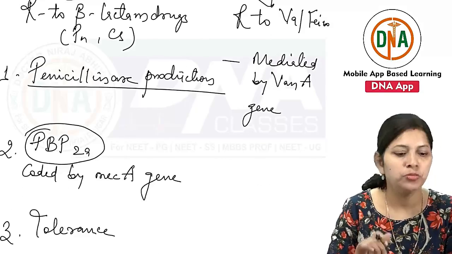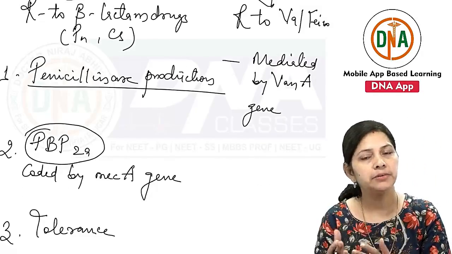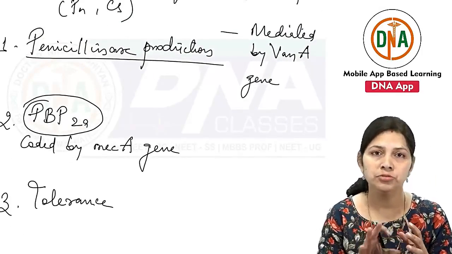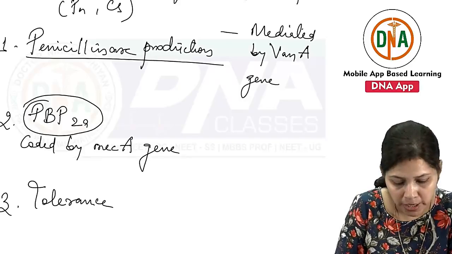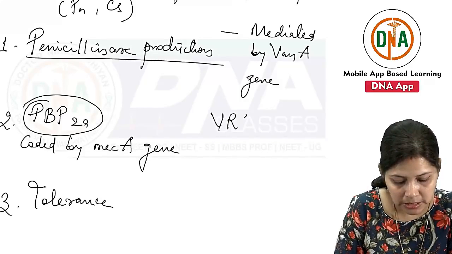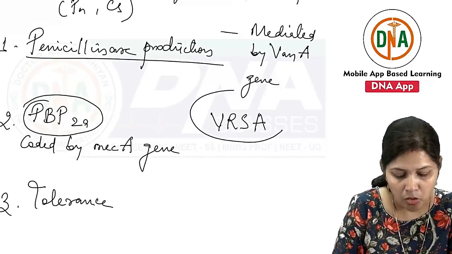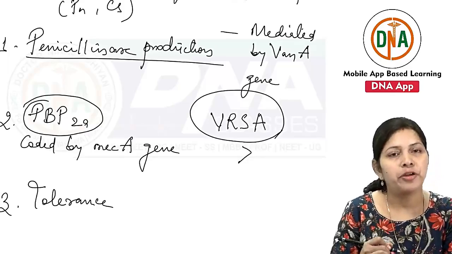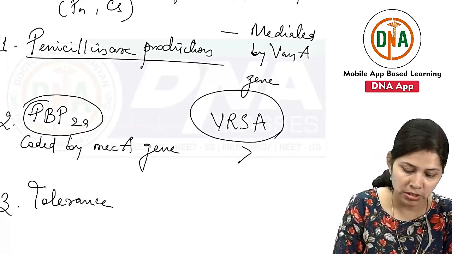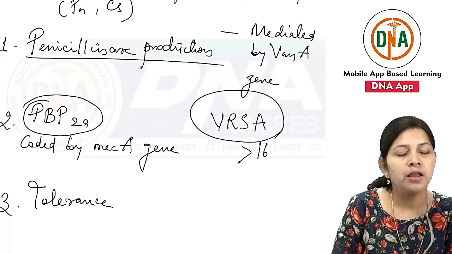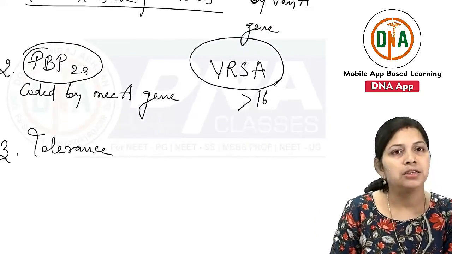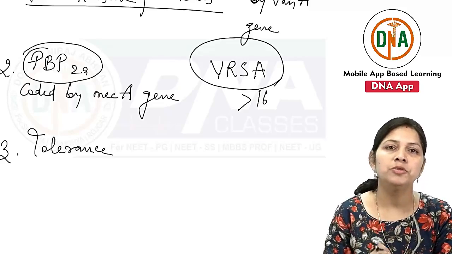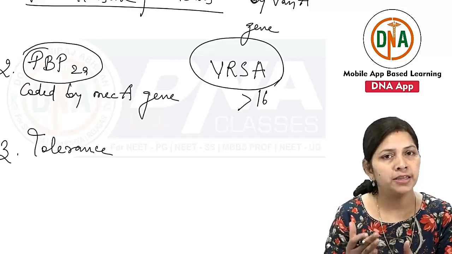Okay, so it is chromosomally mediated, and the strains which are resistant to vancomycin are known as vancomycin resistant Staphylococcus aureus or VRSA. Here the MIC for vancomycin is very high, more than 16 microgram per ml, and these strains are known as VRSA. These are because of the VAN-A gene.